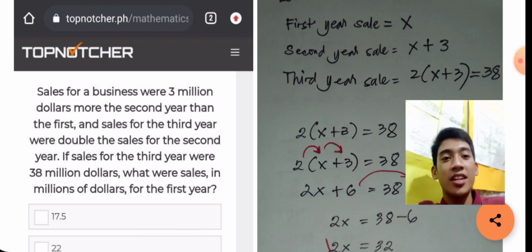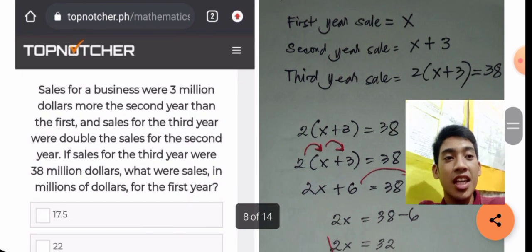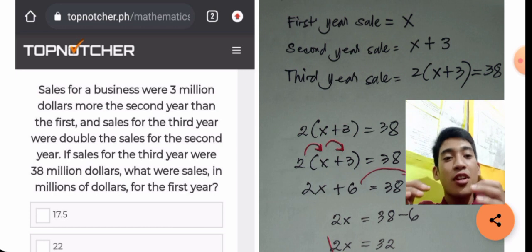So the given: $3 million more than the first year for the second year. So let the first year sale be x, because we do not know the sale for the first year.